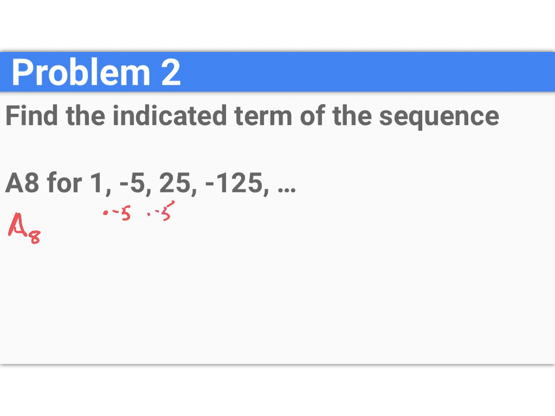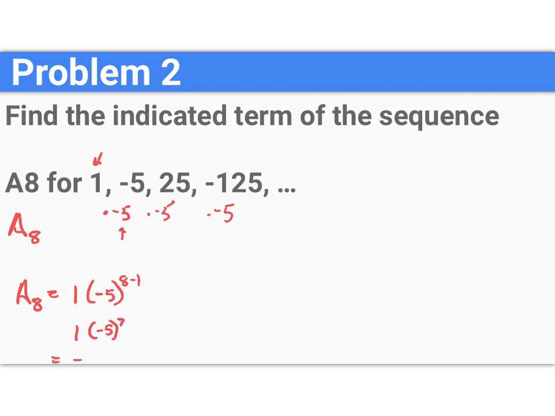All right, so our A1 is 1, our R is -5, and so for the 8th term, I would use an explicit formula here, which is 1 times -5 to the n minus 1, and 1 times -5 to the 7th power, which equals negative.